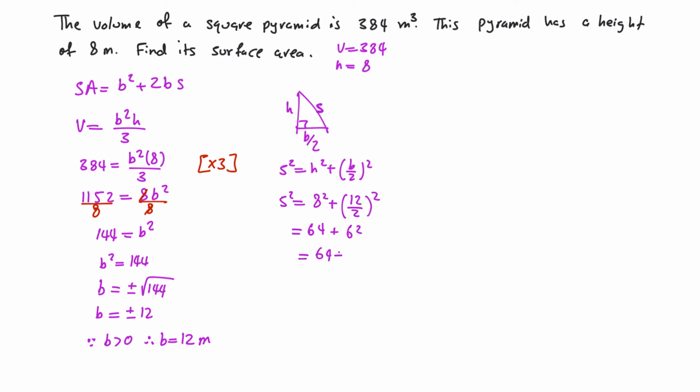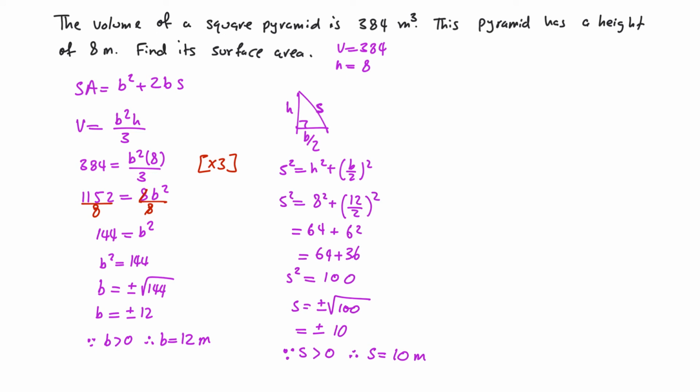That's 64 plus 36, which is, oh, another round number. Great numbers here. So s will equal plus or minus the square root of 100, which is plus or minus 10. And we know that the slant height is a length, so it has to be positive and larger than 0, and therefore s is equal to 10 meters.